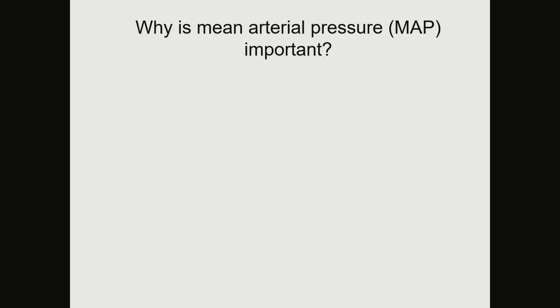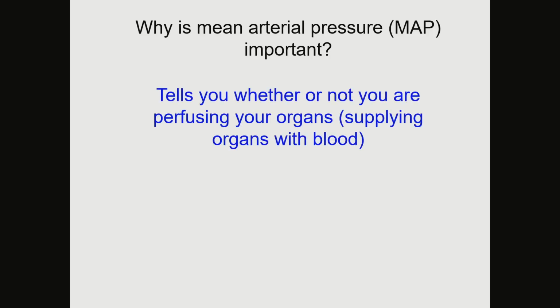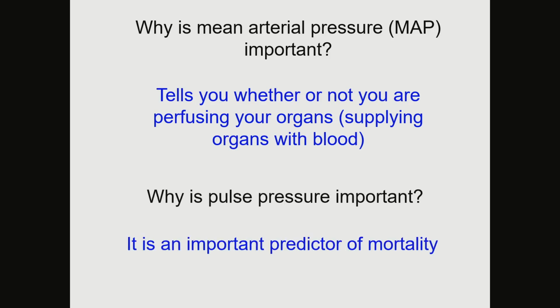Why do we care about mean arterial pressure? Because you need at least about a mean arterial pressure of 60 in order to perfuse your organs adequately. If it's too low, then you're not getting enough blood to your organs. What about pulse pressure? Why is that important?